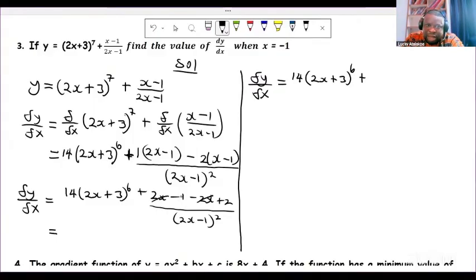Then minus 1 plus 2, that is 1, over everything we have here, (2x minus 1) squared.